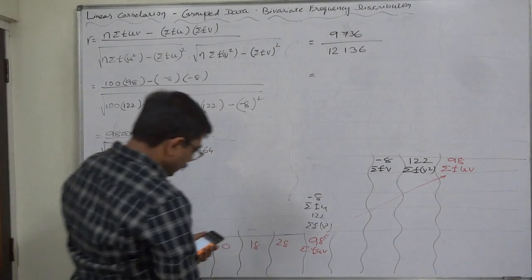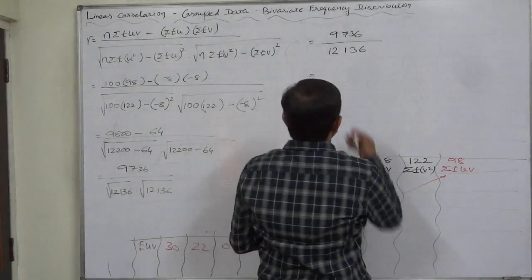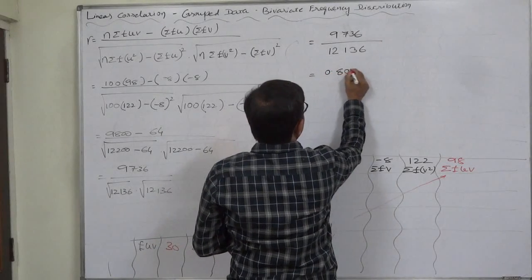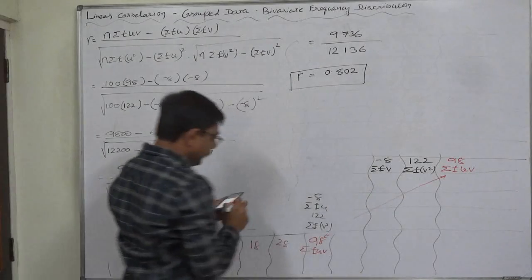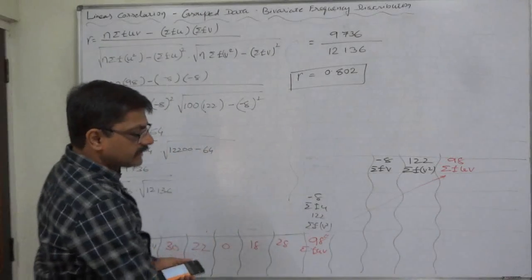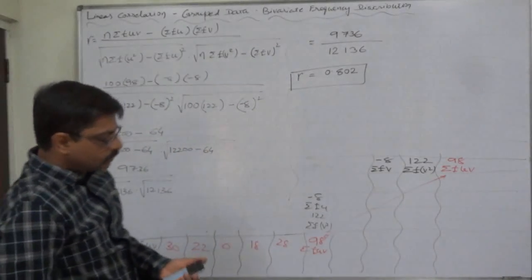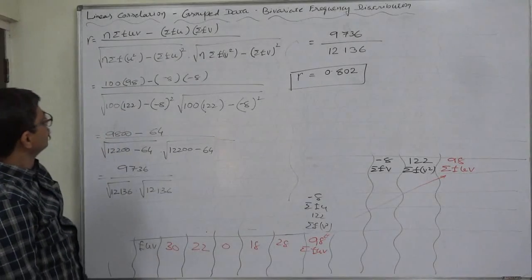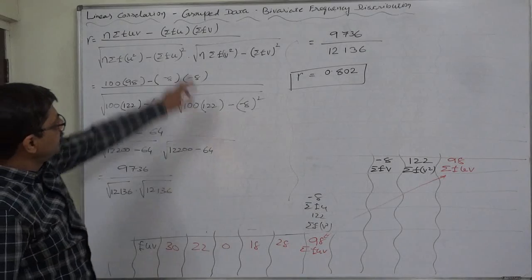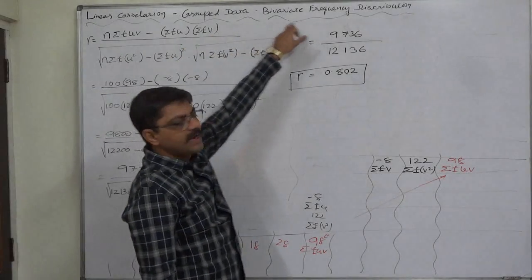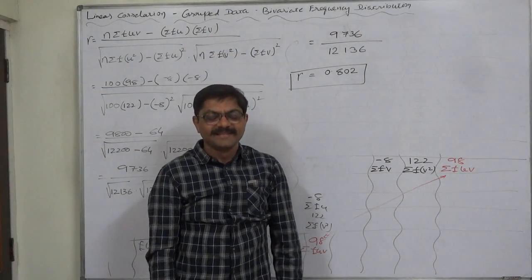So it is 0.802. The coefficient of correlation between the marks in physics and marks in statistics comes to 0.8. So this was the case of calculating the coefficient of correlation for grouped data or bivariate frequency distribution. That's it. Thank you very much.